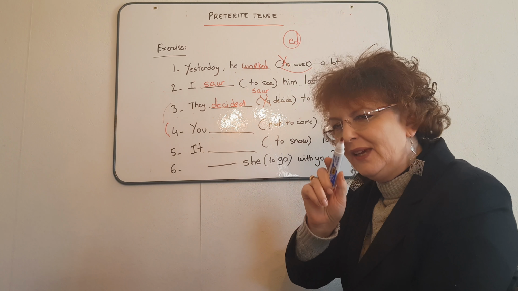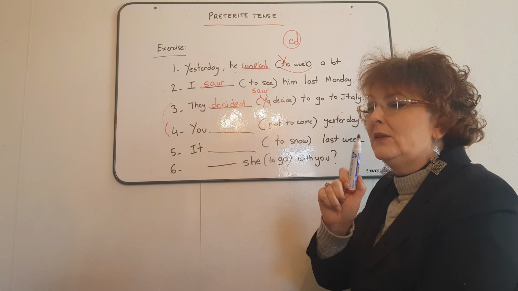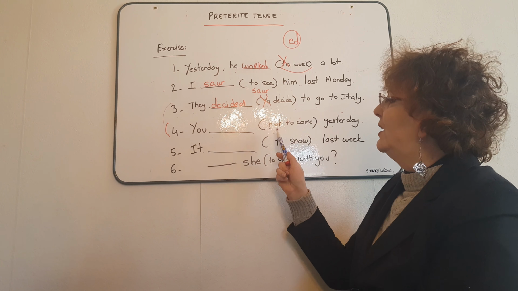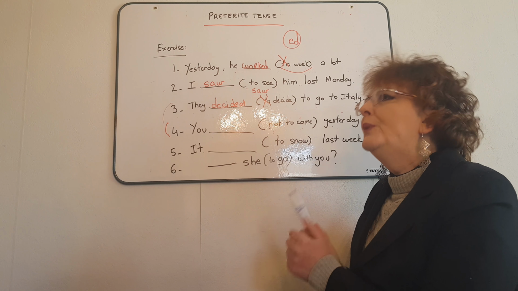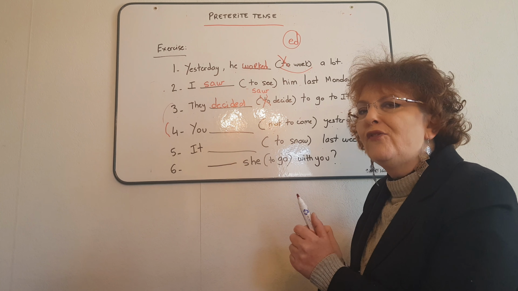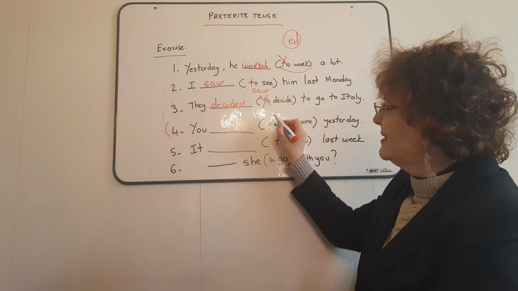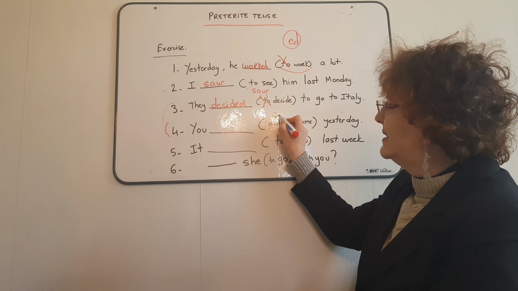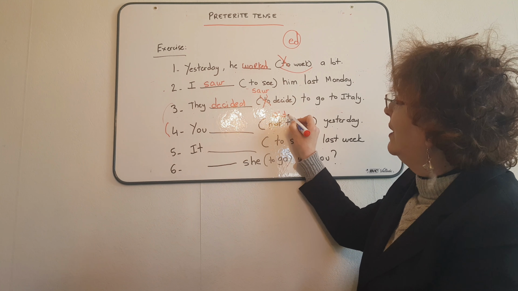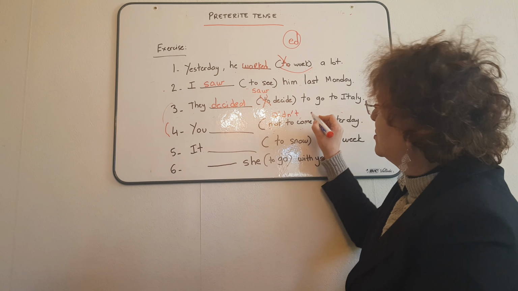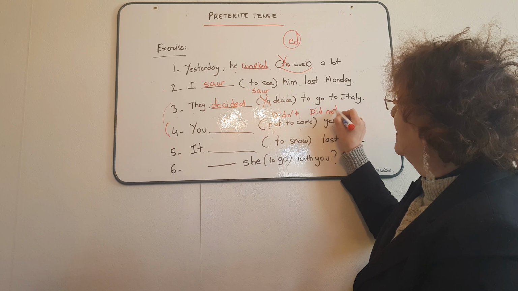Number 4, careful here, we have a negative sentence, so we need an auxiliary. You not to come yesterday. We need an auxiliary, we are in the negative form, so we have to use the auxiliary do in the right tense, which is did, and in the right form, the negative form, which is didn't or did not.